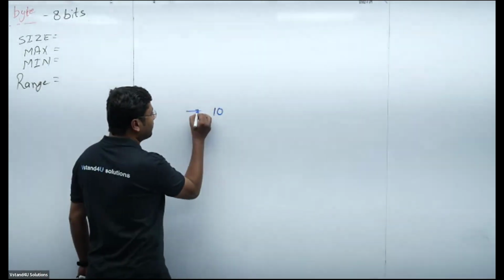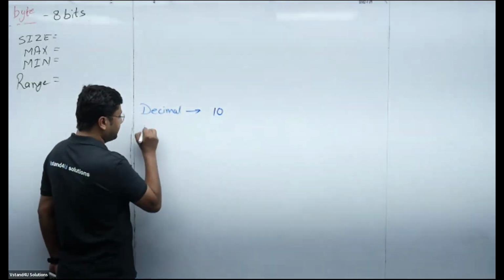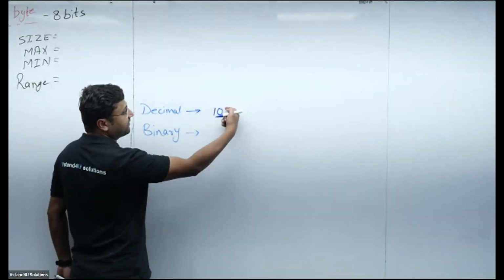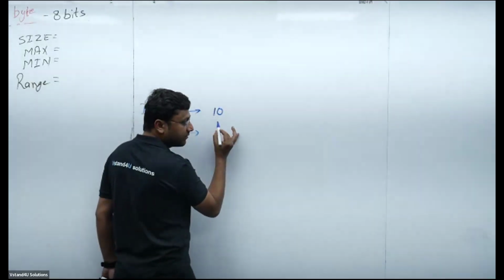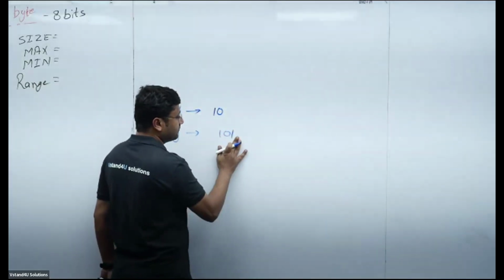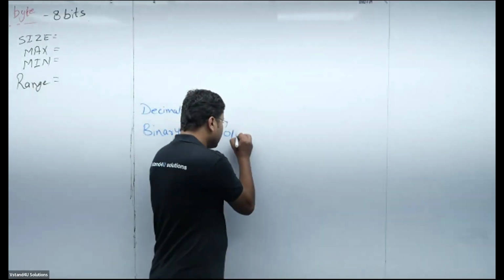So if 10 decimal is there, can you please help me with the equivalent binary? Correct? One more 0, no?